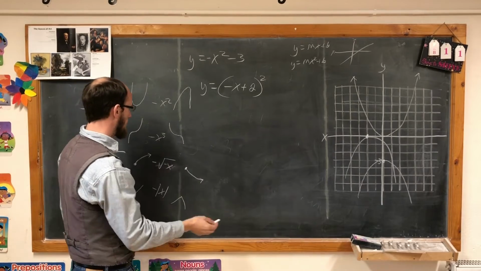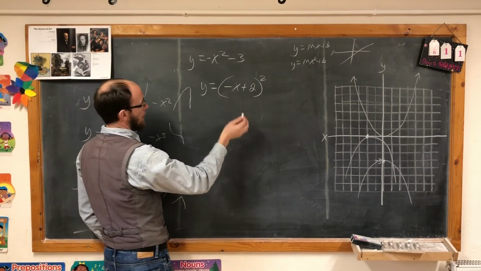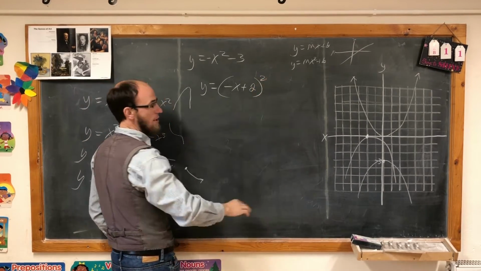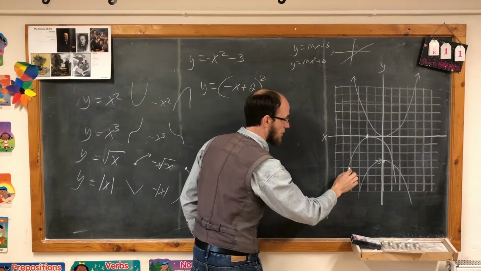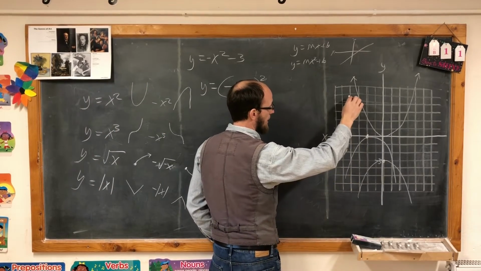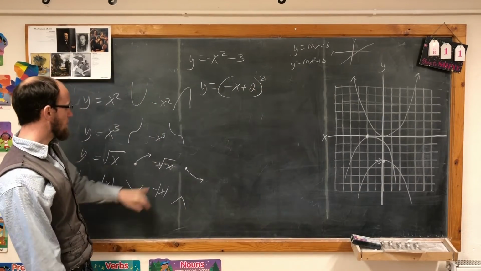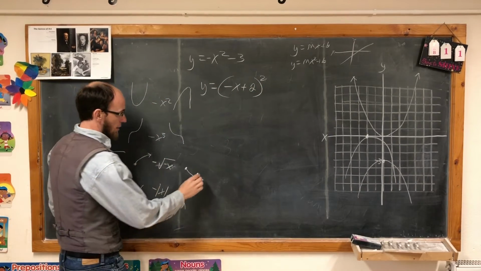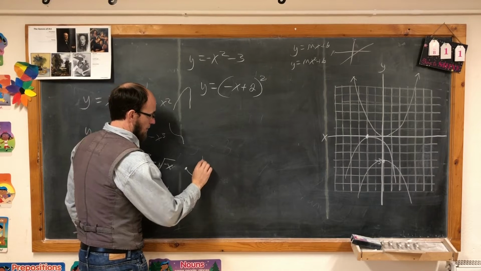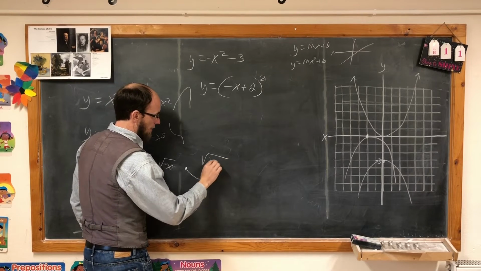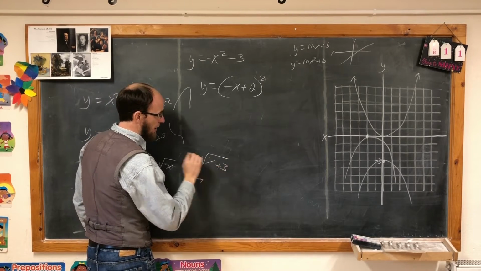Anytime it's inside parentheses, suppose we go negative x cubed. Then we form that other shape, and we would just cross negative. We would have to come down this way and cross through like that. Suppose we have the square root of x plus 3.